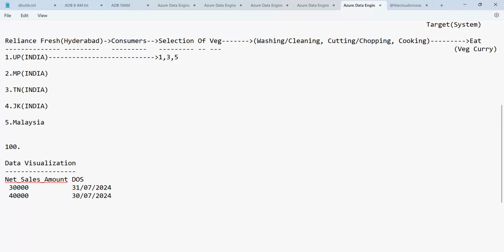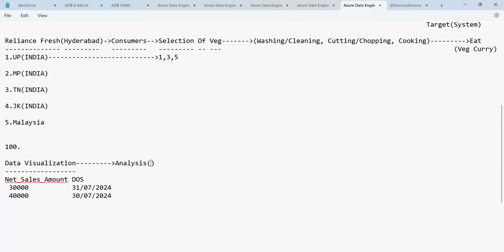So whenever you need to compare such data, that is, comparing one line with another line to take a decision, this is called the process of analysis.